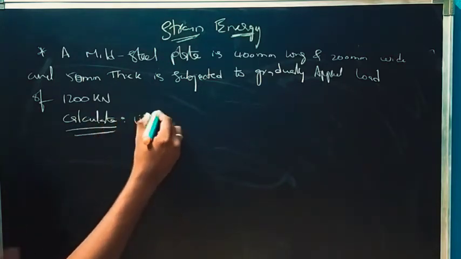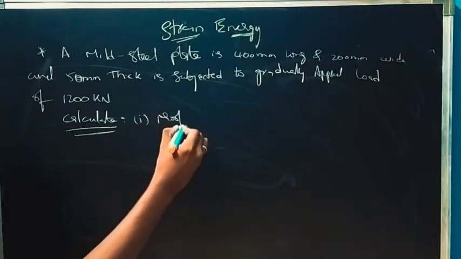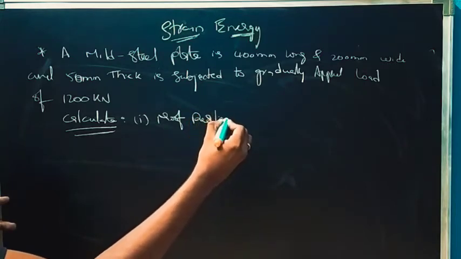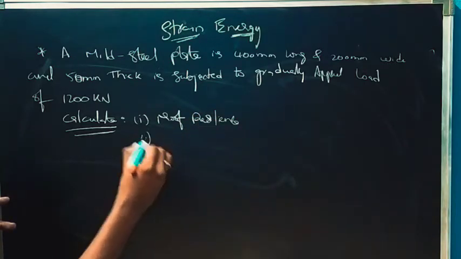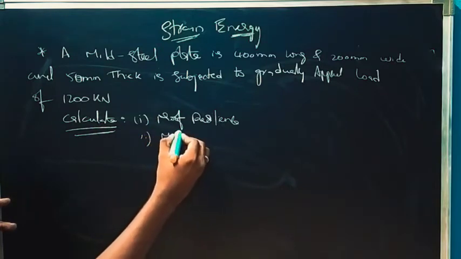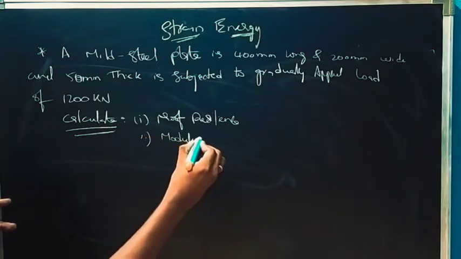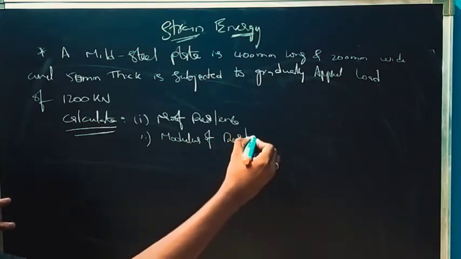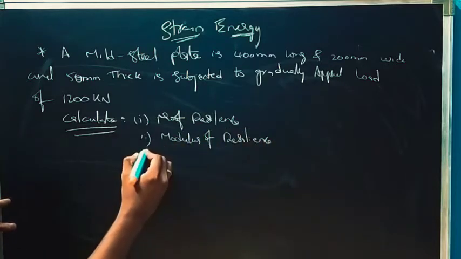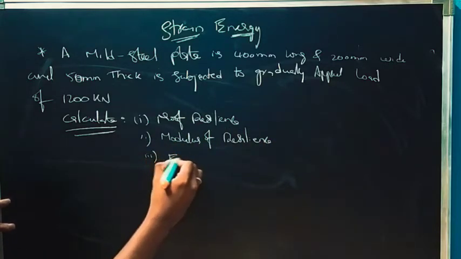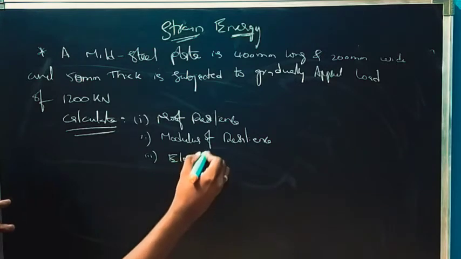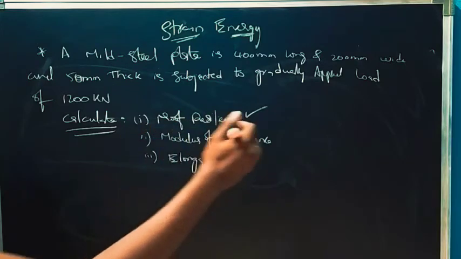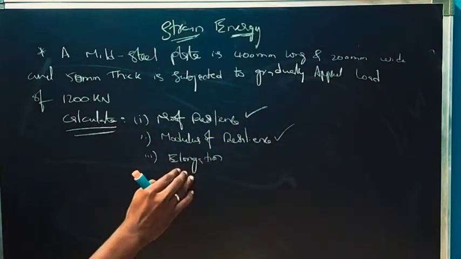First, we have to find the proof resilience. Second, we need to find the modulus of resilience, and the third one is elongation. First, we need to find the proof resilience, modulus of resilience and elongation.